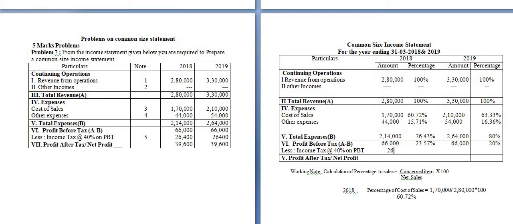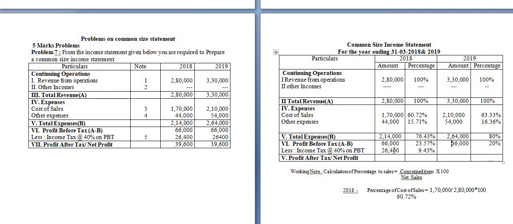Right? Find out the percentage. 26,400 divided by 2,80,000 into 100 is equal to 9.43 percentage.